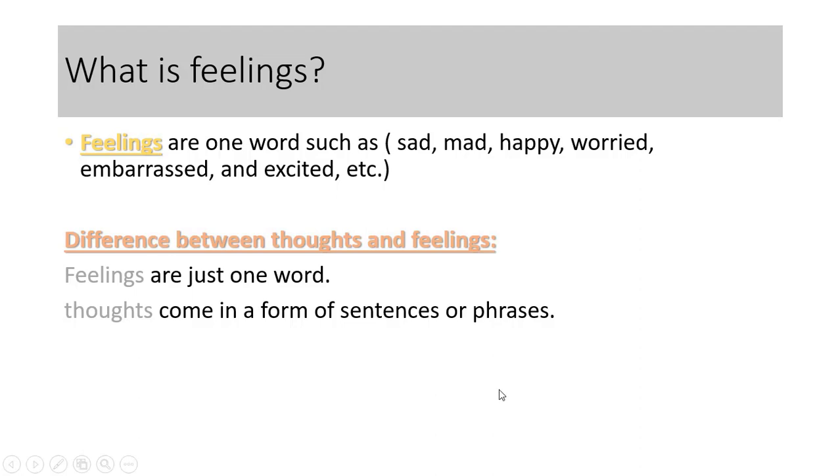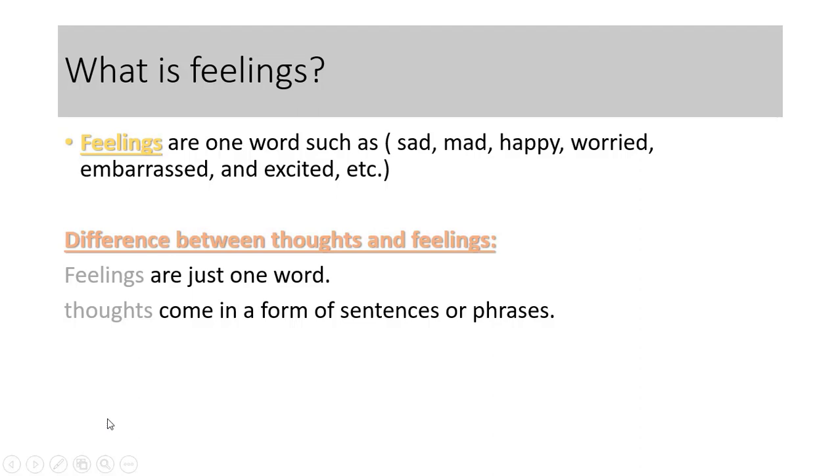We tend to confuse thoughts and feelings. For example, we say, "I feel that they don't like me," but actually we mean, "I think they don't like me." It is the hardest skill in CBT to differentiate between thoughts and feelings.